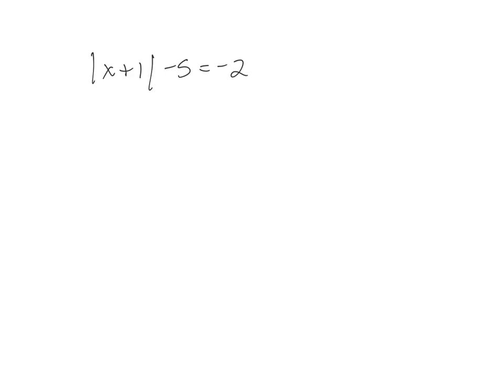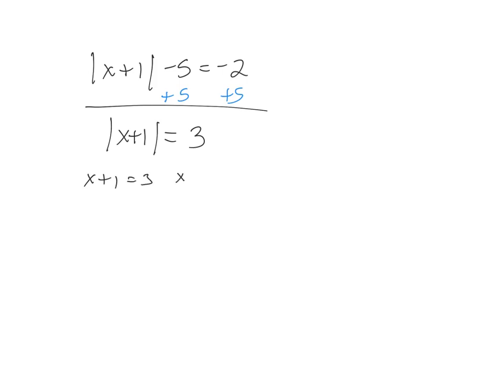But that's not correct. You need to get the absolute value by itself first. Negative 2 plus 5 is positive 3. This is where you check for no solution. And since it's positive, I can keep going.